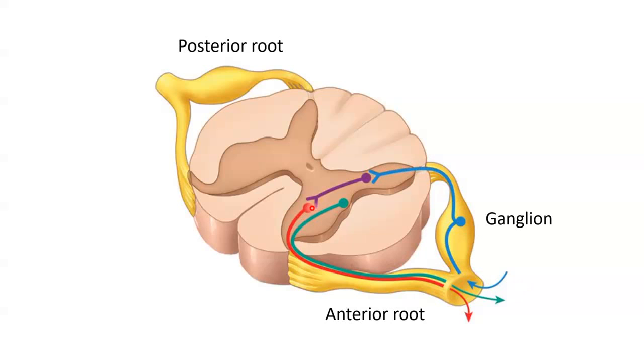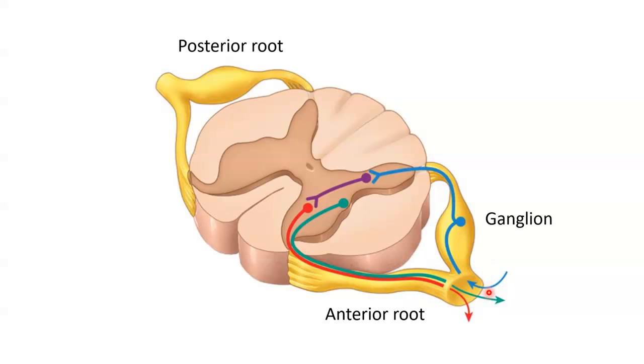Our anterior root carries the motor information from the spinal cord out to an effector. Here, this is where our intervertebral foramen would sit, where that posterior root and anterior root unite, is now what we call our spinal nerve. So when those two unite at the region of the intervertebral foramina, we now call this section our spinal nerve.